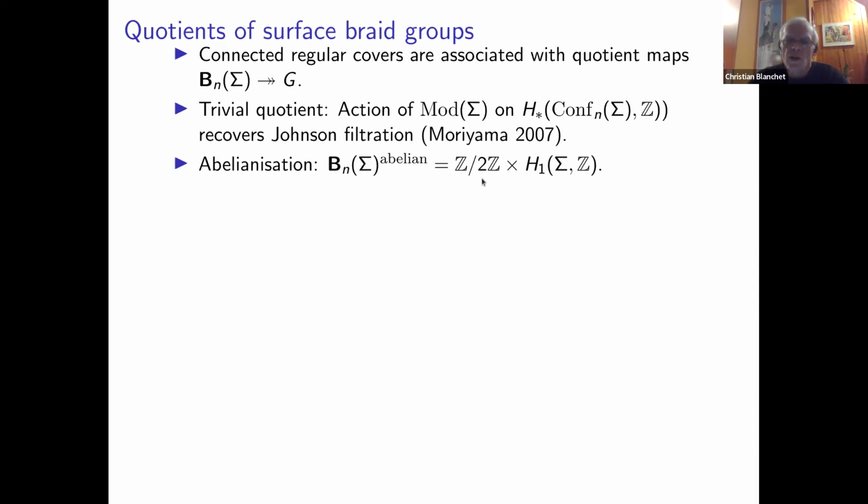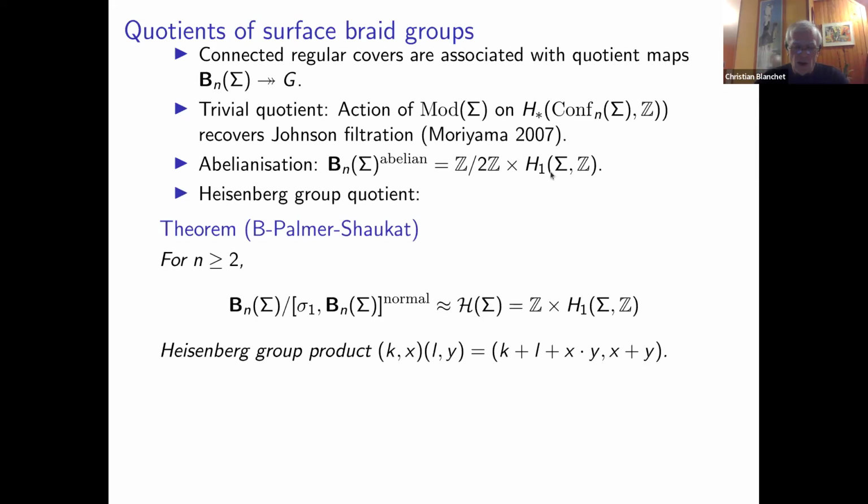Meaning that the configuration will not bring you much more than the surface. So then the idea we get for a replacement of abelianization is the Heisenberg group quotient.